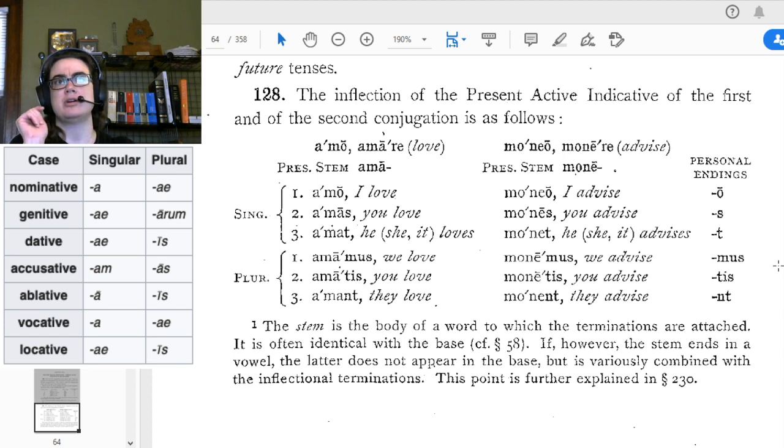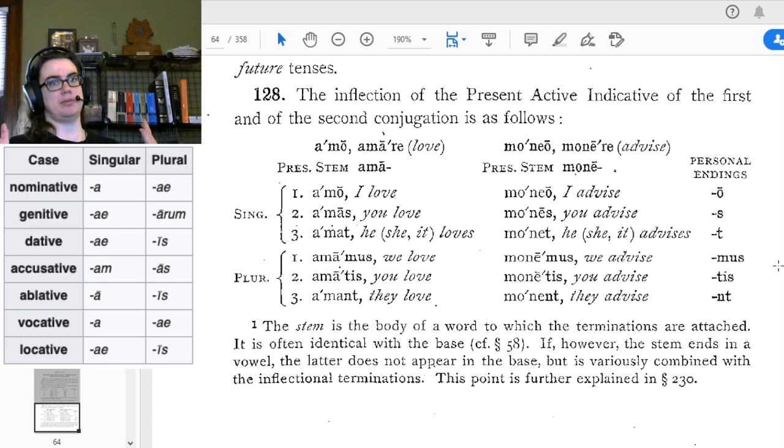But in the third singular and third plural, T and NT make that vowel short, amat instead of amāt. In the third plural, it doesn't really matter because the NT will lengthen the vowel before it anyway when it comes to poetry. So it's still going to be thought of as a long vowel, even though it's by nature short, it is by position long.